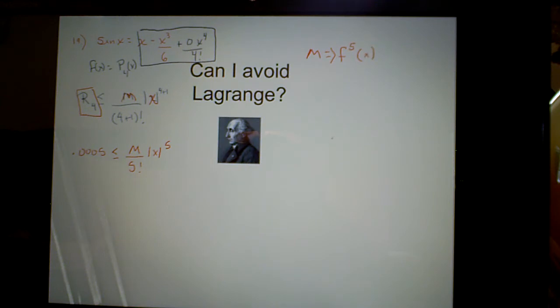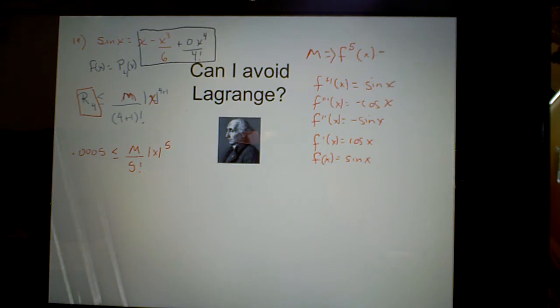Well, working our way backwards, if f is sine x, f prime is cosine x, f double prime is negative sine x, f triple prime is negative cosine x. The 4th derivative is sine x.